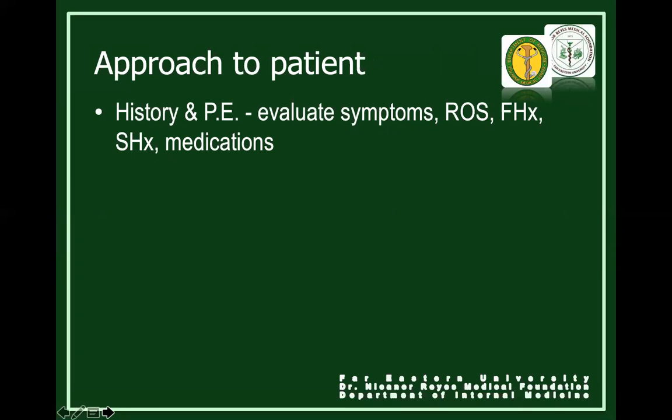And also, you have to evaluate them thoroughly because there are some symptoms that are just generally pointing to one specific hormone. Okay, example would be for prolactinoma. Okay, so if it's an excess, you will have galactorrhea. That's very specific. Okay.